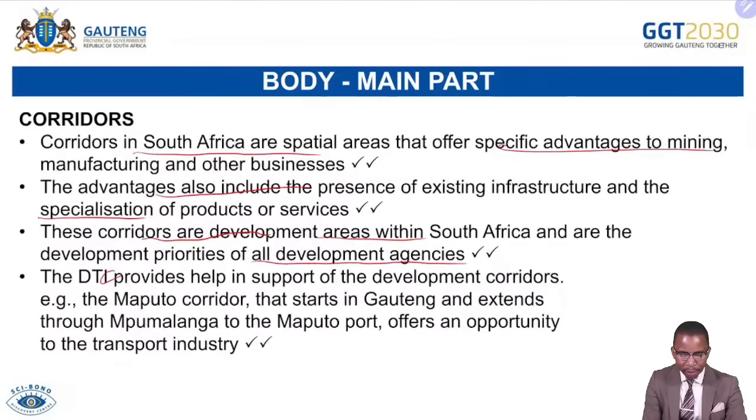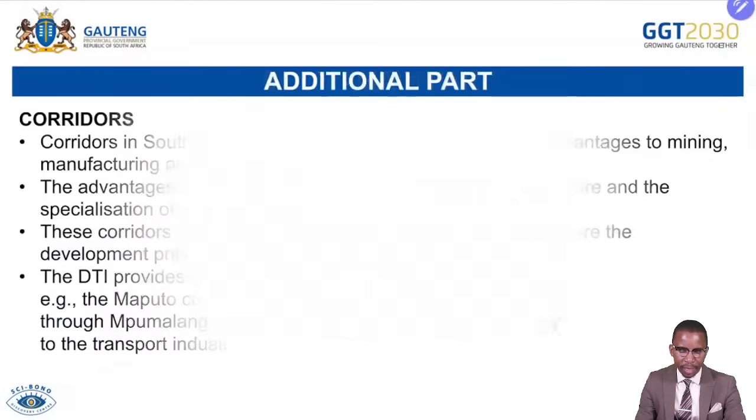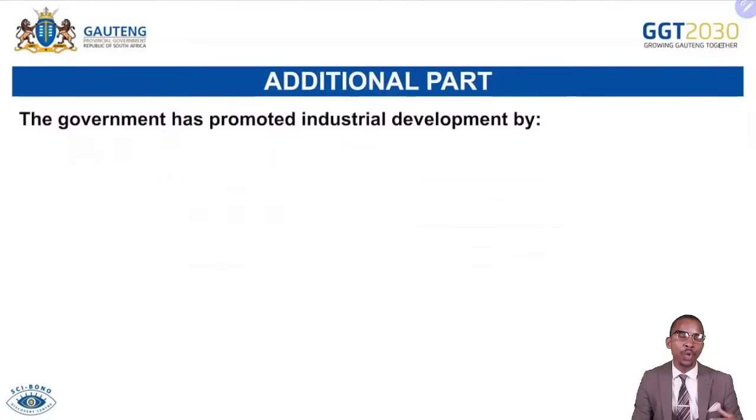DTIC provides help in support of development corridors, e.g. the Maputo corridor that starts in Gauteng and extends through Mpumalanga to Maputo port, offers an opportunity to the transport industry. And remember, there are 2 types of corridors: corridors within and corridors beyond the borders of the country.